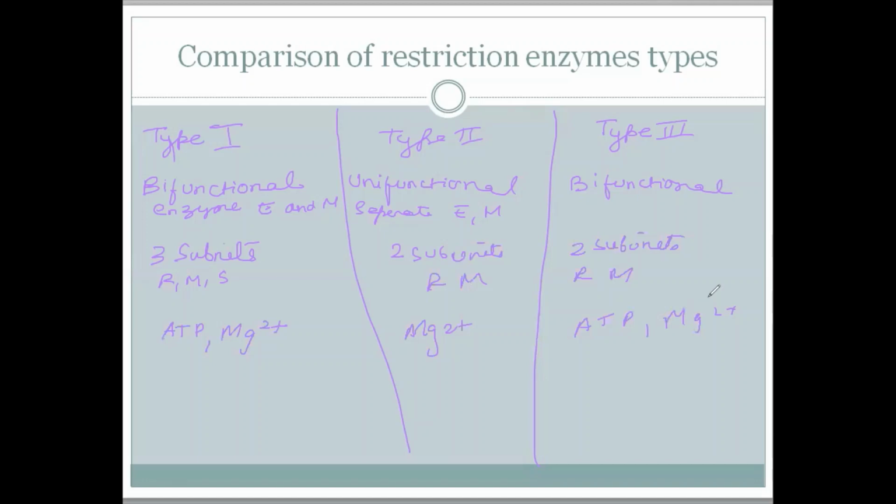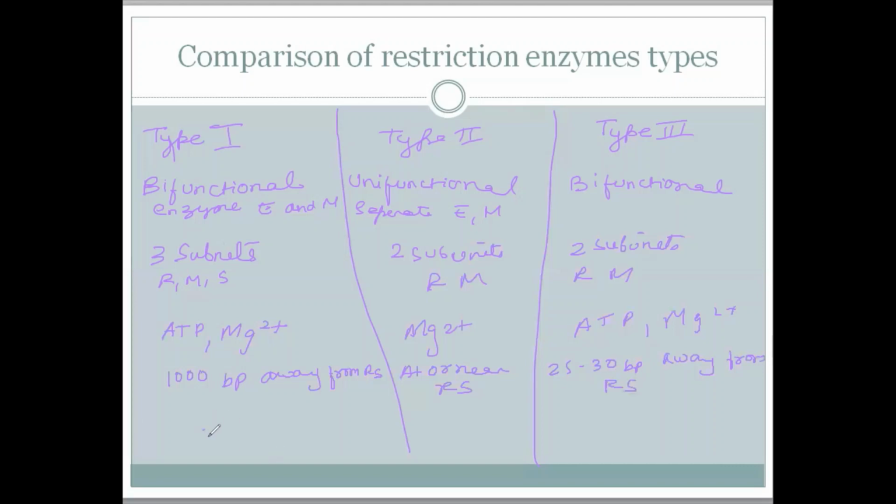Now let's talk about the cleavage sites. Type 1 cleaves 1000 base pairs away from the restriction site, whereas type 2 cleaves at or near the restriction site, and type 3 cleaves 25 to 30 base pairs away from the restriction site.